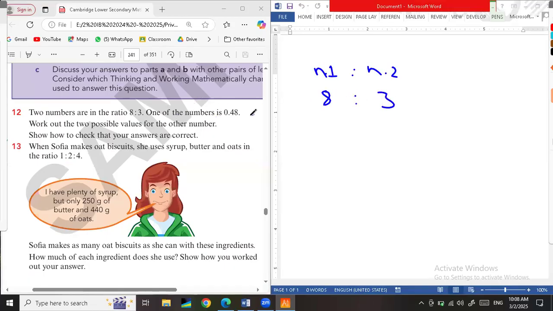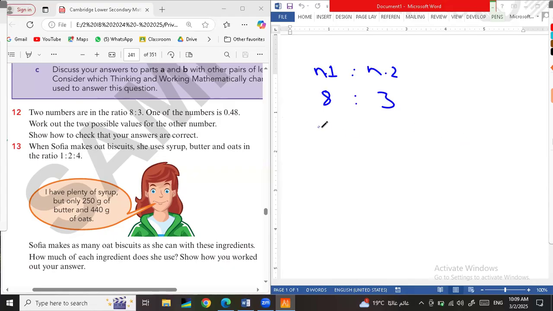One of the numbers is 0.48. Mister, one of the numbers is 0.48. Which one am I supposed to choose, for God's sake? Well, they did not determine which number, so it's up to you. Oh, really? Yes, really. But let's continue the question. They're saying work out the two possible values for the other number.